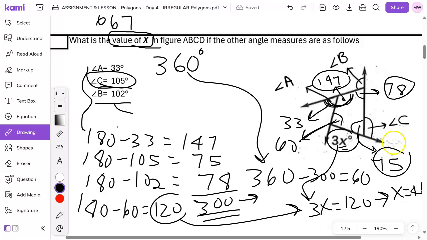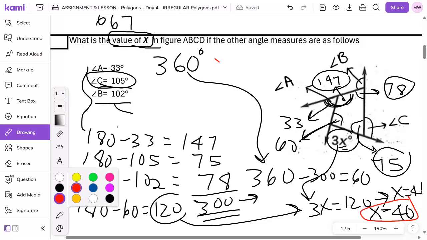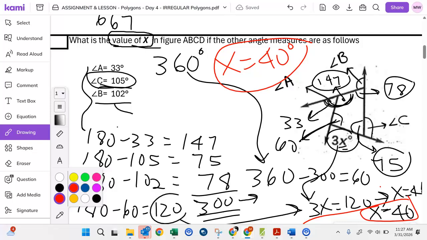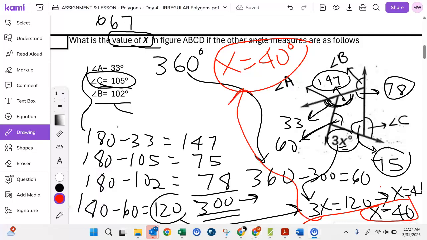Okay? Oops, sorry. X equals 40. Can't write on it. There we go. So that's the answer for this one. X equals 40 degrees from all the way over here. Okay, so it's a hard problem, but you just got to go through all the steps. Okay, so that's how you do that.